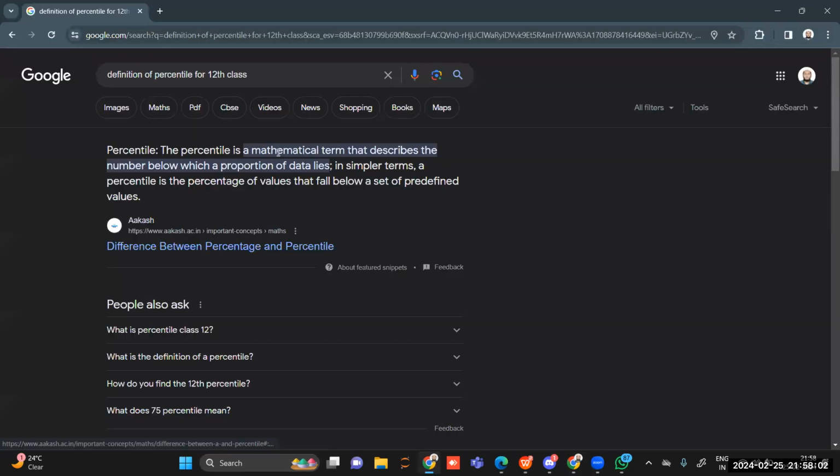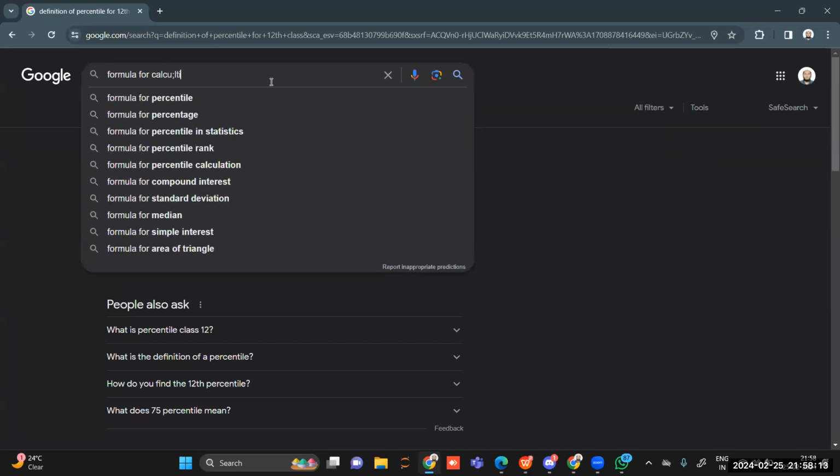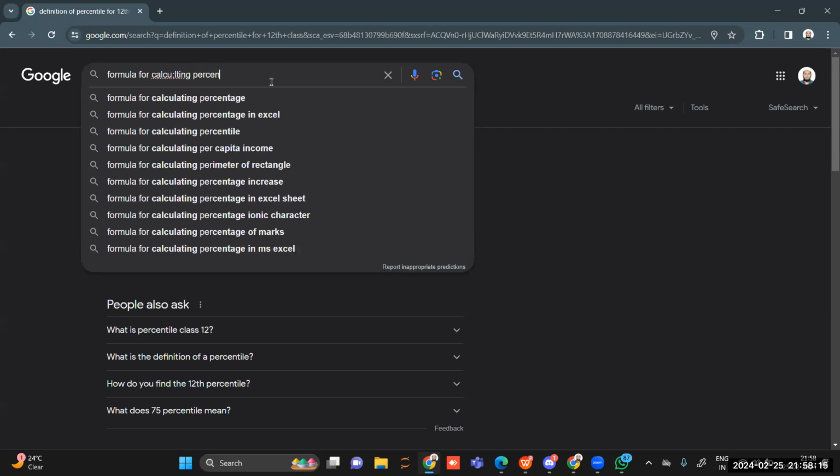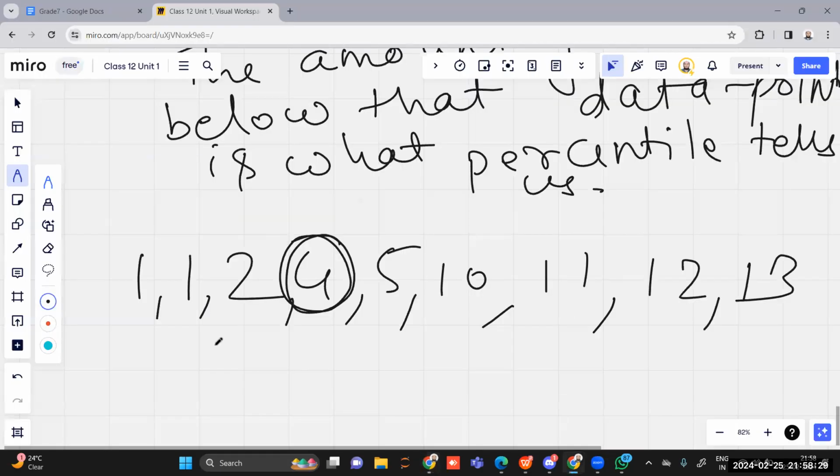So we have to calculate the percentile of 4. What is the formula for percentile?